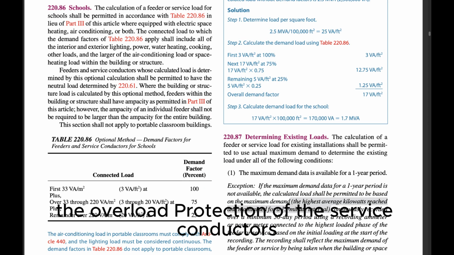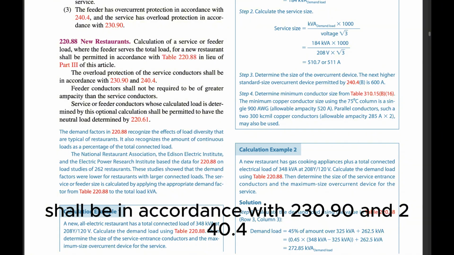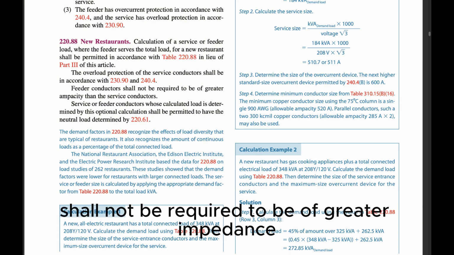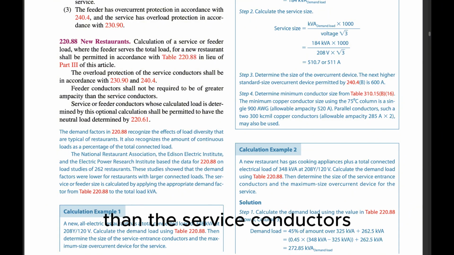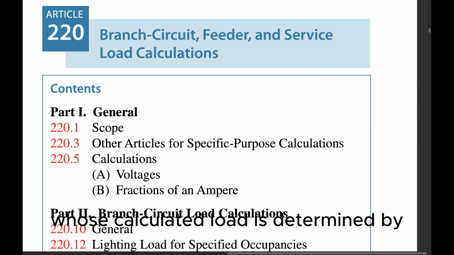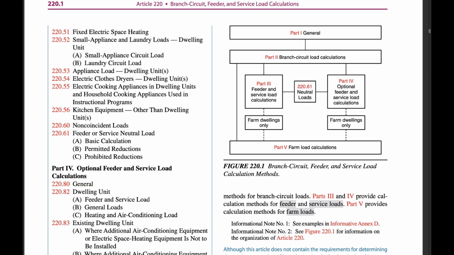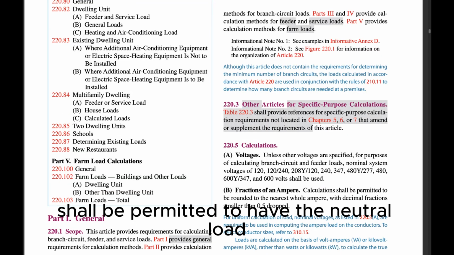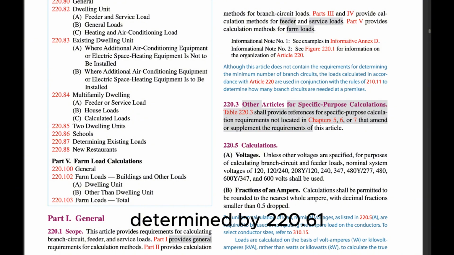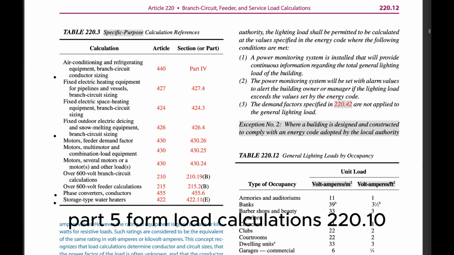The overload protection of the service conductors shall be in accordance with 230.90 and 240.4. Feeder conductors shall not be required to be of greater ampacity than the service conductors. Service or feeder conductors whose calculated load is determined by this optional calculation shall be permitted to have the neutral load determined by 220.61.